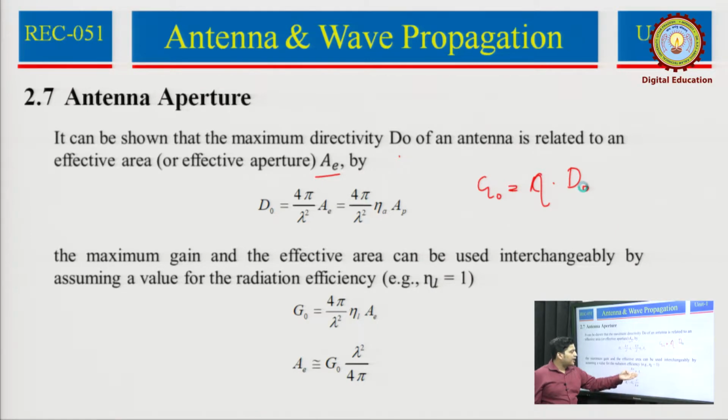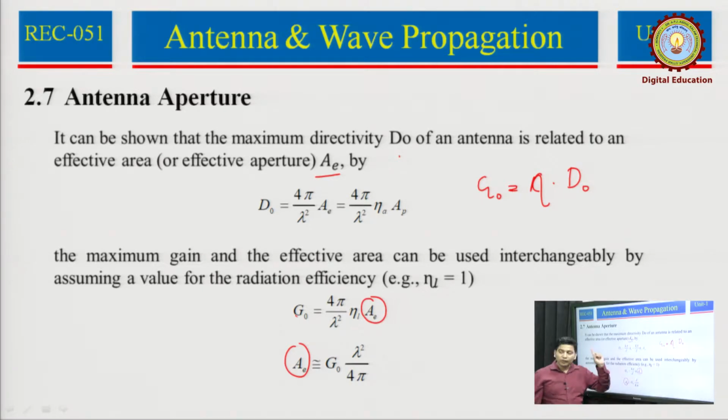Or we can derive from here the effective aperture. It is nothing but cross multiply G naught into lambda upon 4 pi. So, it is always associated with this. If I knew the directivity, then we can easily calculate gain, because efficiency multiplied by directivity is nothing but gain, and once we calculate this, we can easily compute the effective aperture.